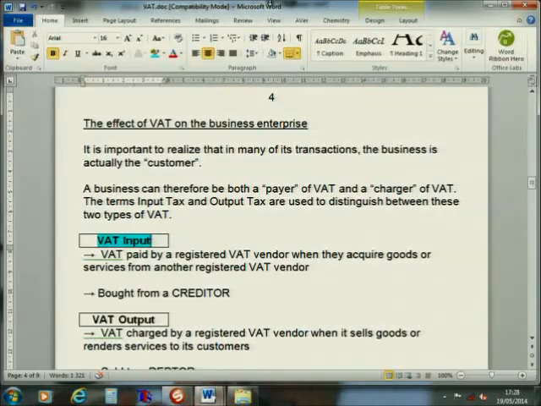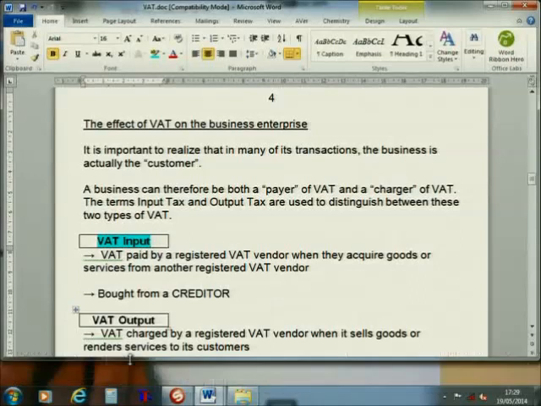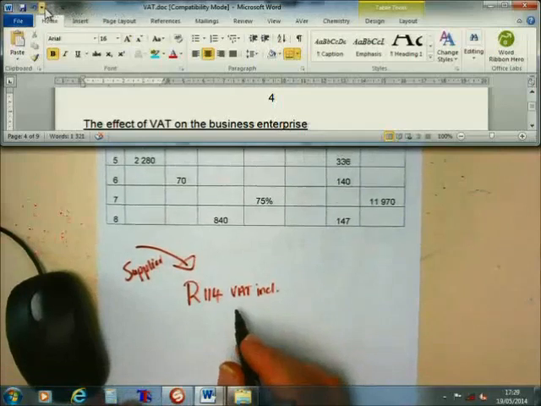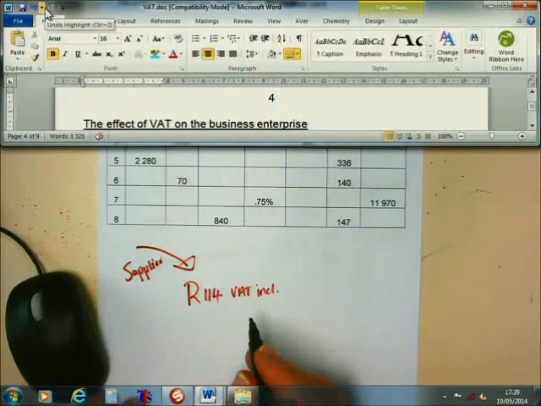And we pay, for example, 114 Rand for this, VAT inclusive. We bought from our supplier and we pay VAT inclusive.